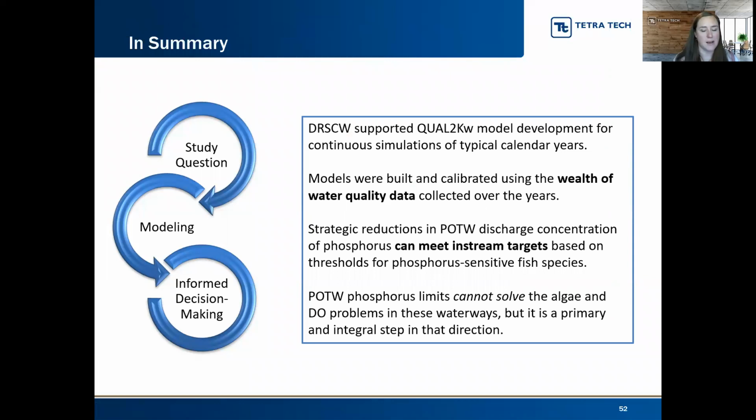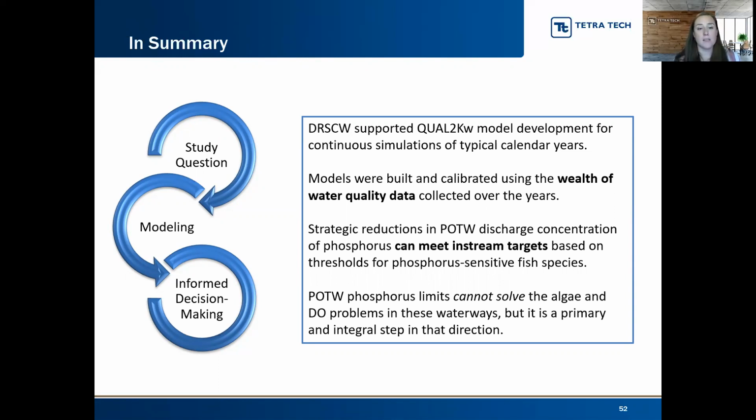Okay, last slide. So in summary, we had our study question, we did our modeling. Now we're hoping that this can be used as a tool for informed decision-making. The work group supported this modeling for continuous simulations of typical calendar years.